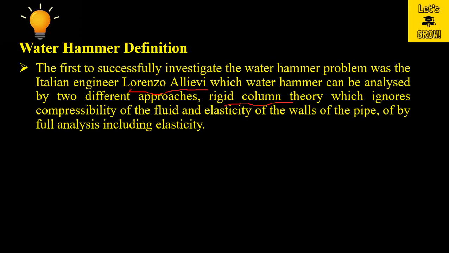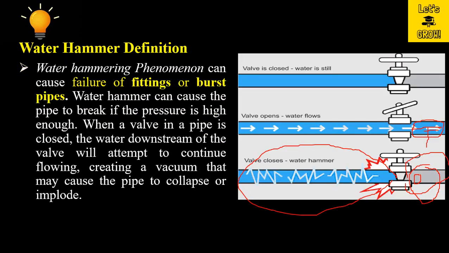So basically when you suddenly close the valve, the fluid present over here will compress, correct? Because there is a momentum of water which is forcing this water to travel in this direction, but you have obstructed the path. So due to compressibility, the fluid will compress. The other aspect is that the pipe material is elastic, so some strain will be produced in the pipe.